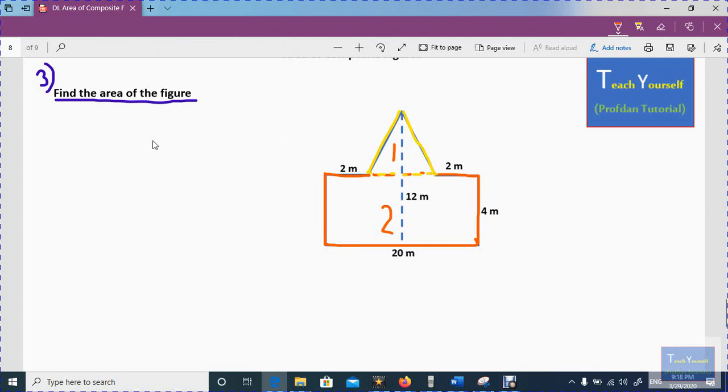Now for part 1, which is a triangle, we have the triangle like this, and now we need to do a bit of mathematics here. We also have this part, the rectangle.